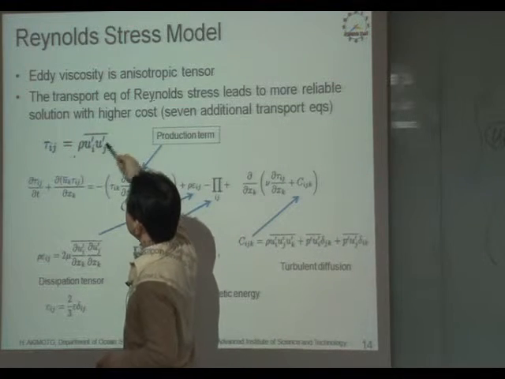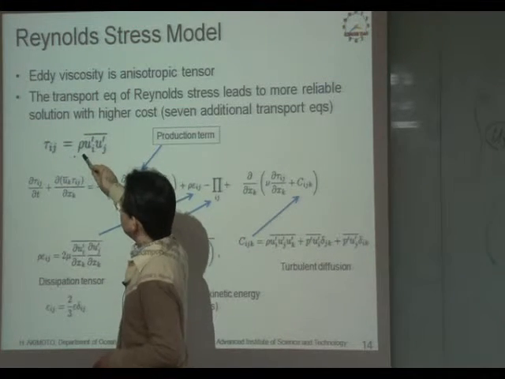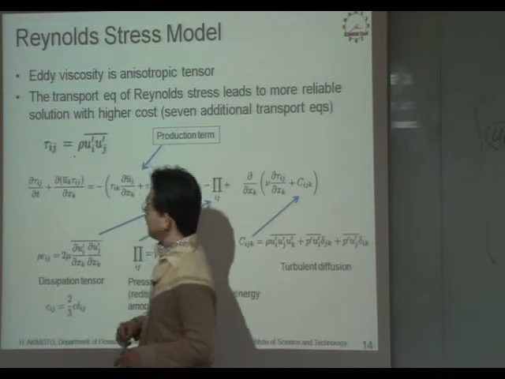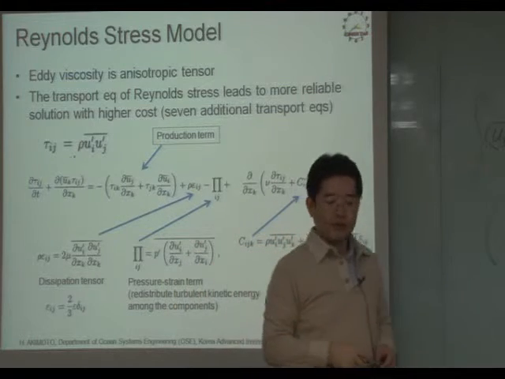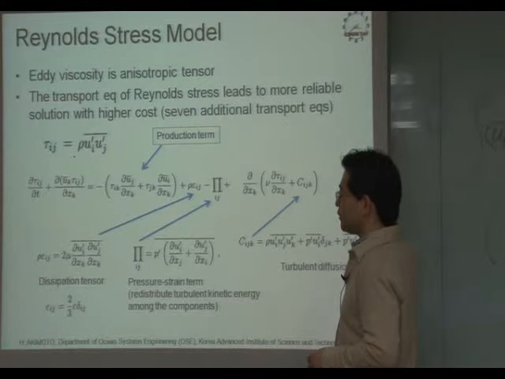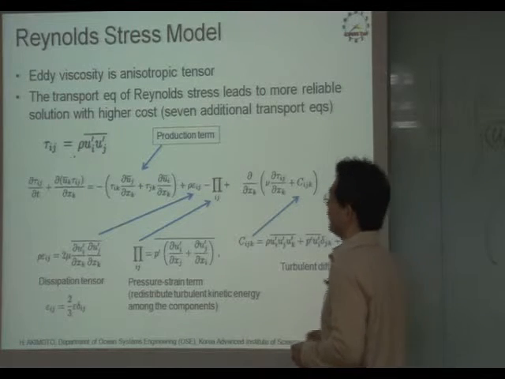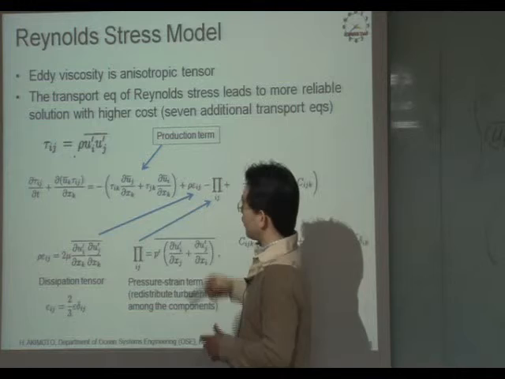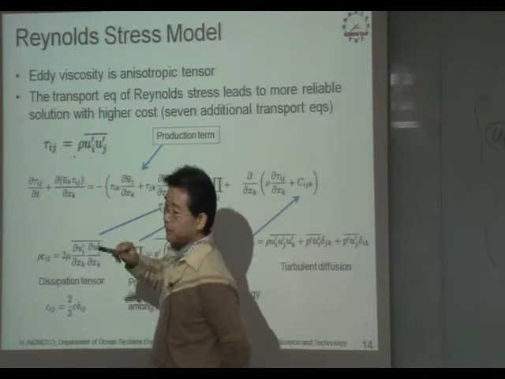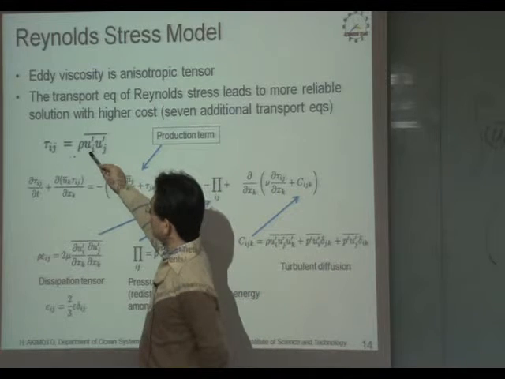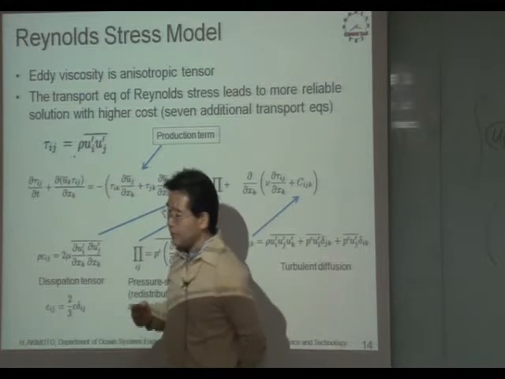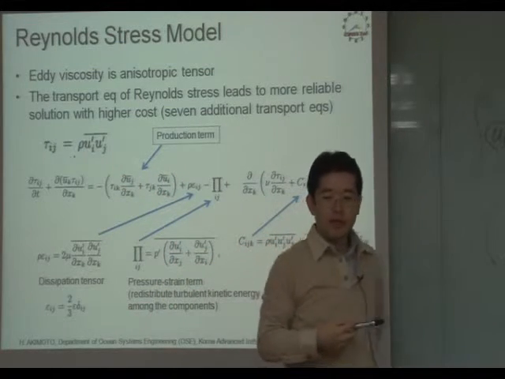In this consideration, the solution is to consider transport of Reynolds stress itself. So the image is somewhat complicated. We will consider transport of all the components, Ui times Uj. Actually, it is a tensor with 9 components, but it is a symmetric tensor.